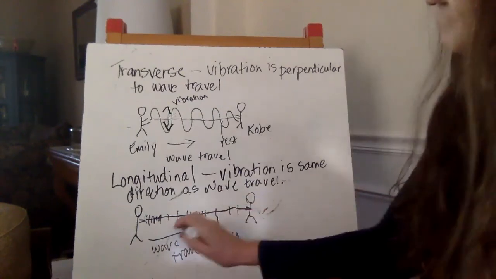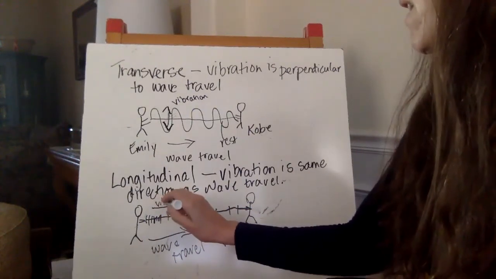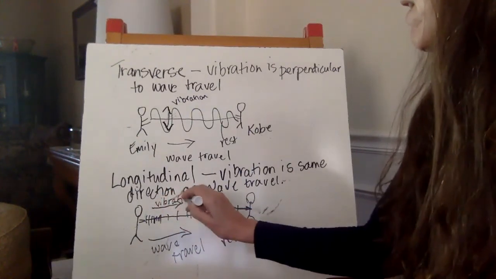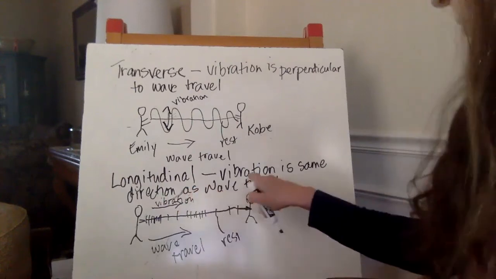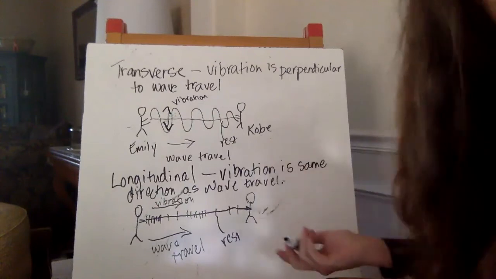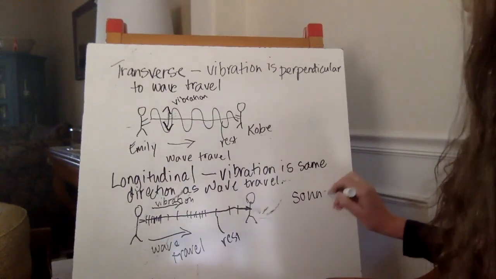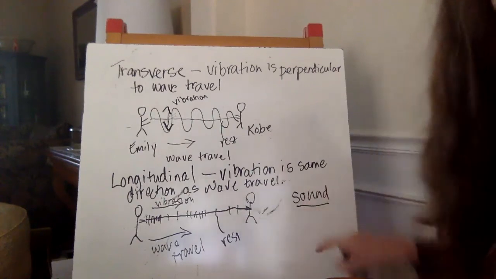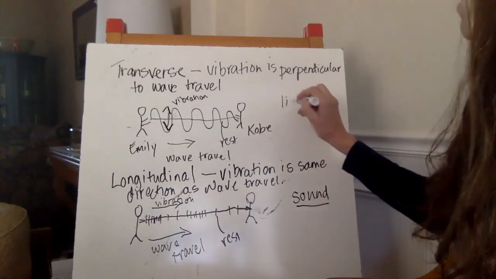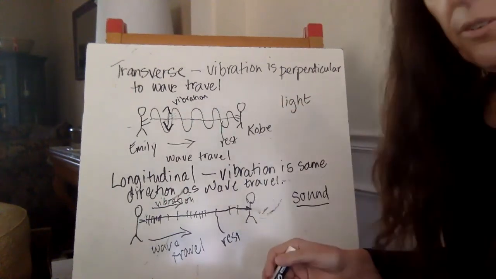But now that vibration is the same way. Okay, vibration, same direction as wave travel. Now, just FYI, you'll need this later. Sound is like this. Sound is longitudinal. Light is like this. Light is transverse.